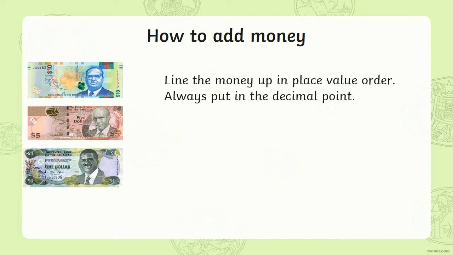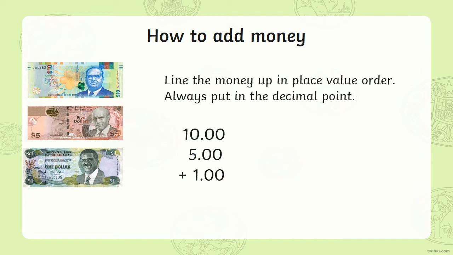Always put in your decimal point. Here we have them in place value. We see the $10. All of the dollars are on the left side, and the coins will be on the right side of the decimal point.